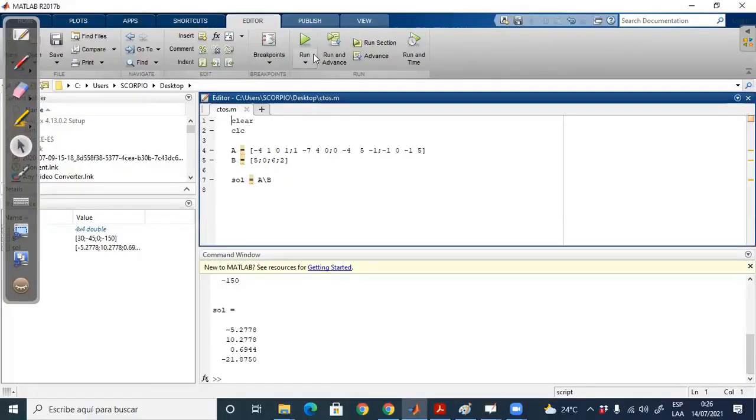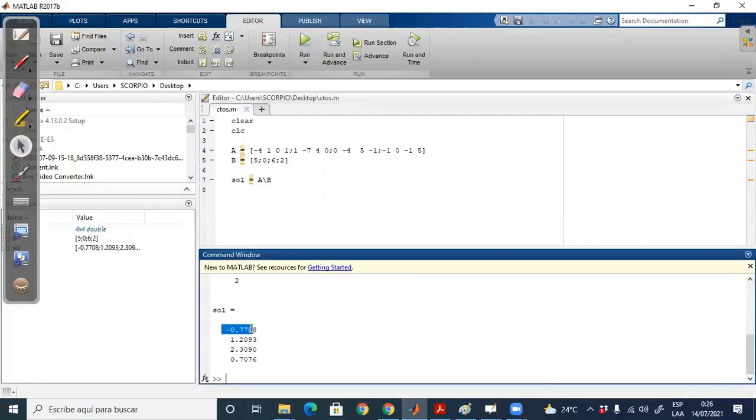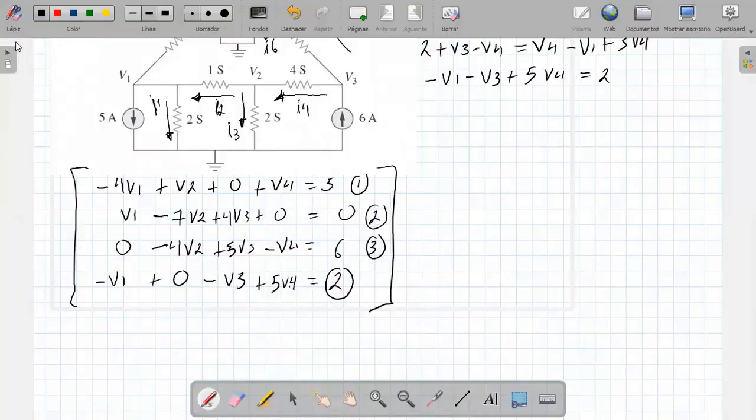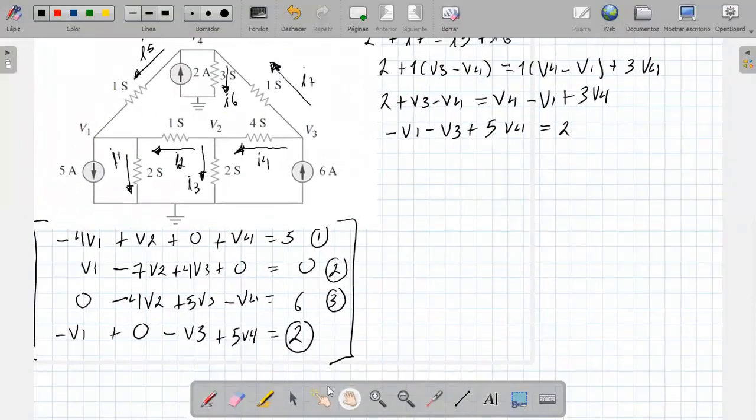Indeed, we have the solution and we observe that it tells me that it is minus 0.77, 1.22, 3 and 0.0706. That would be the solutions of this circuit.